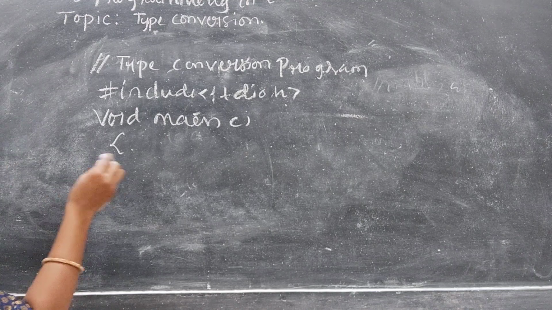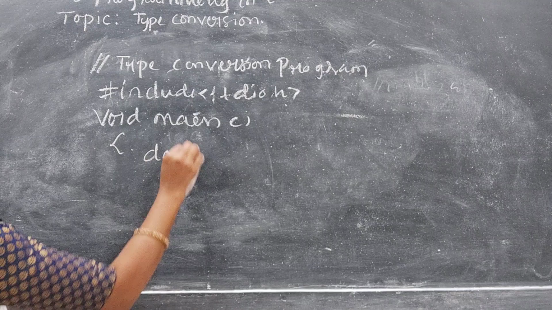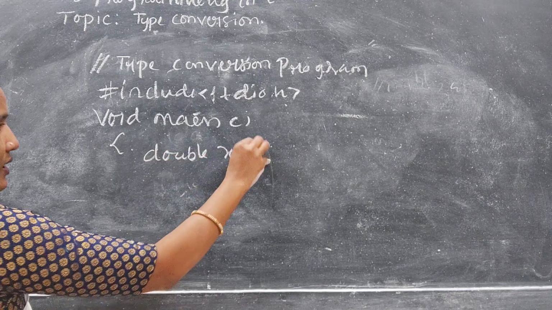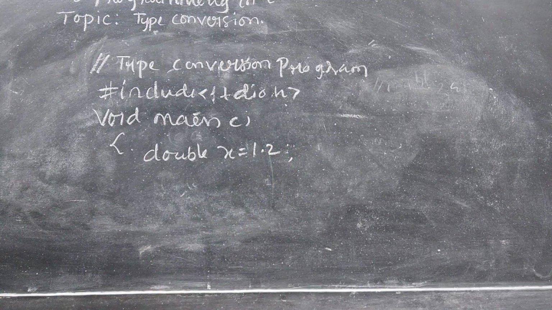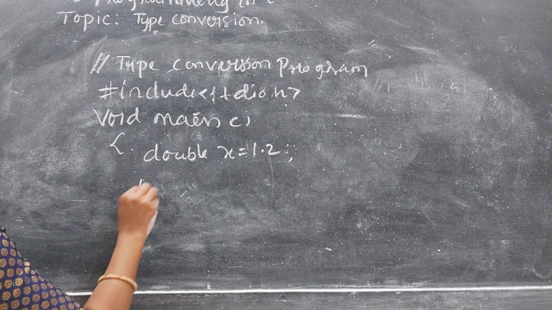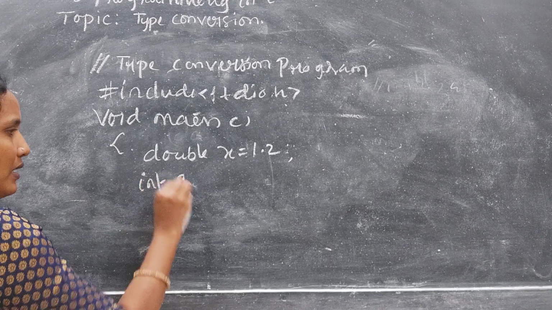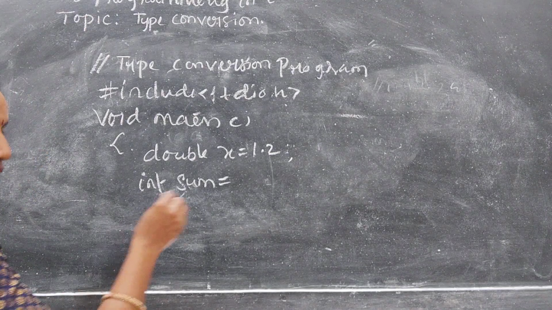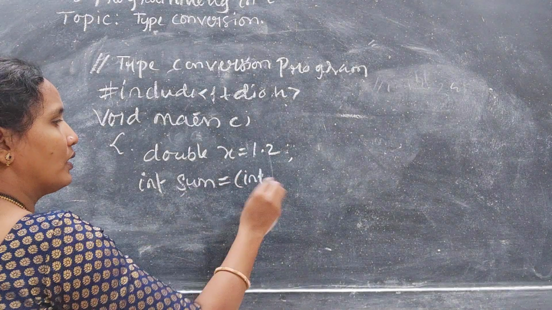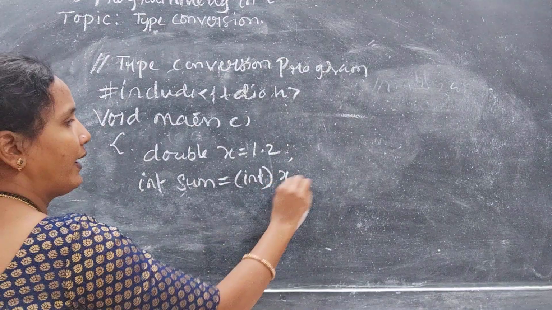Here I am declaring a variable, double x equals 1.2. Now I want to convert this into an integer, int sum. The resultant variable is sum. Now I am converting this into x plus 1.